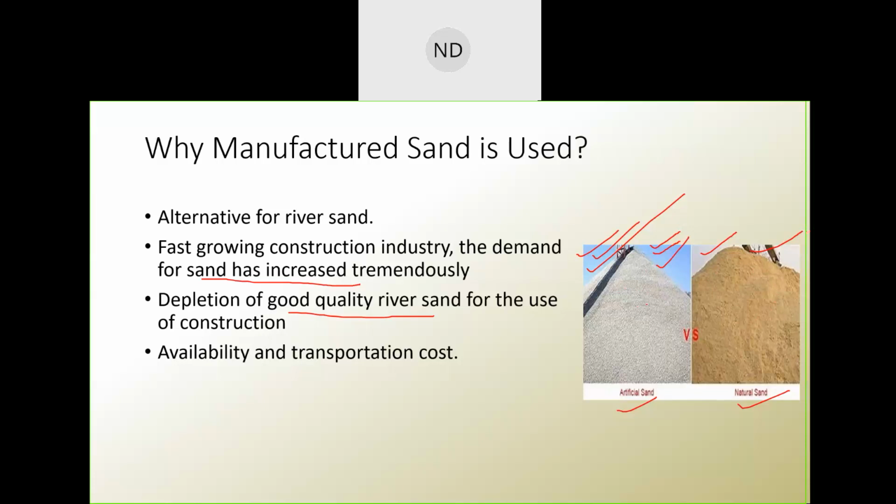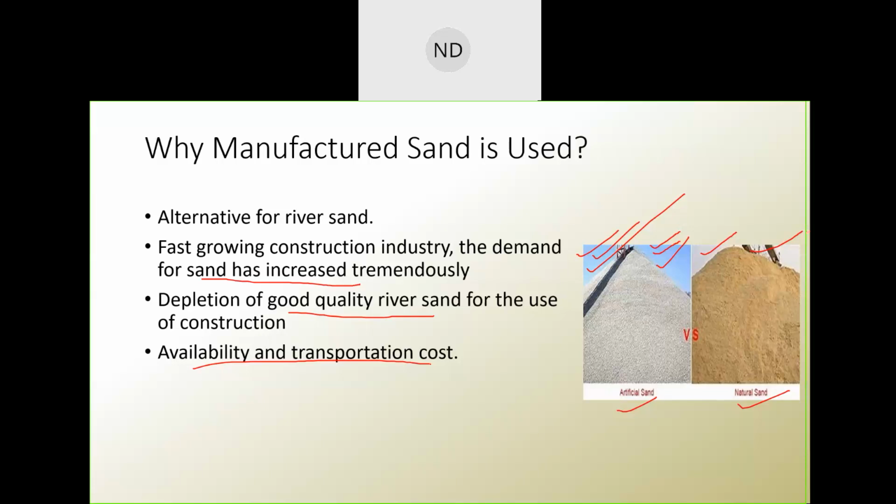One of the most important things about artificial sand is its availability, and its transportation cost is also less. When you bring natural sand from the river side, your site may be very far off from the place where it is available.